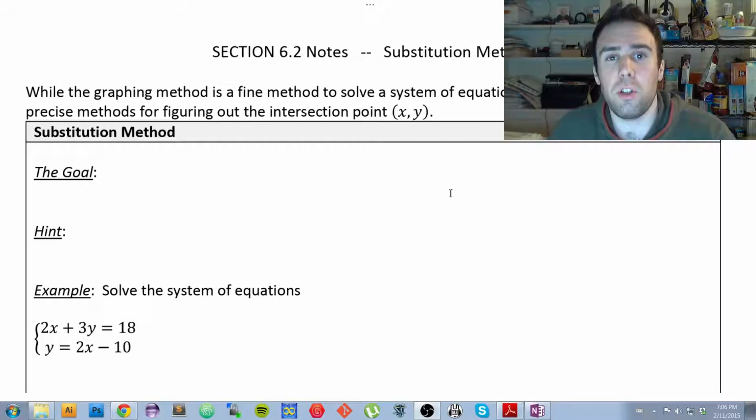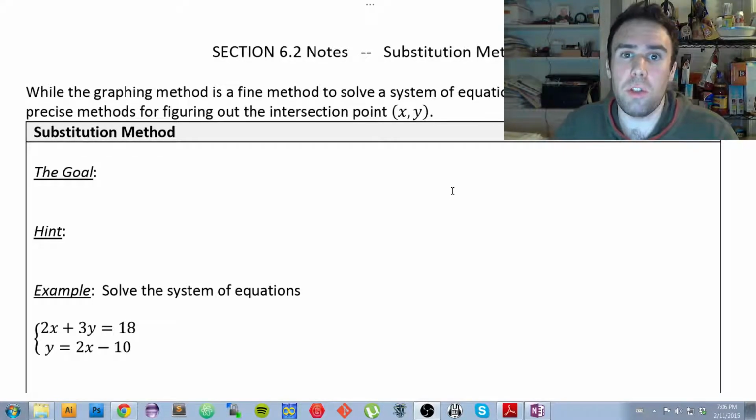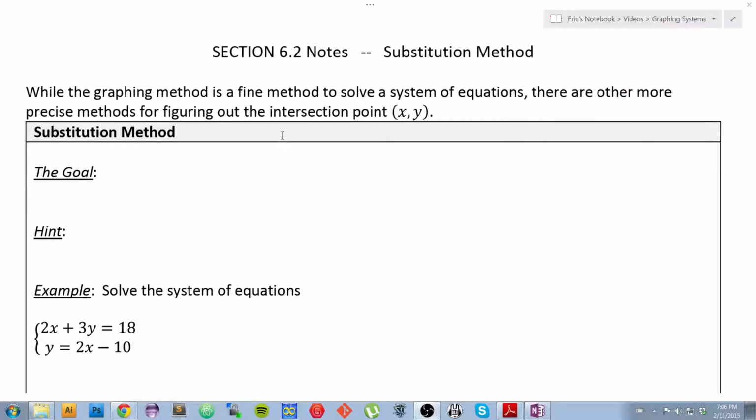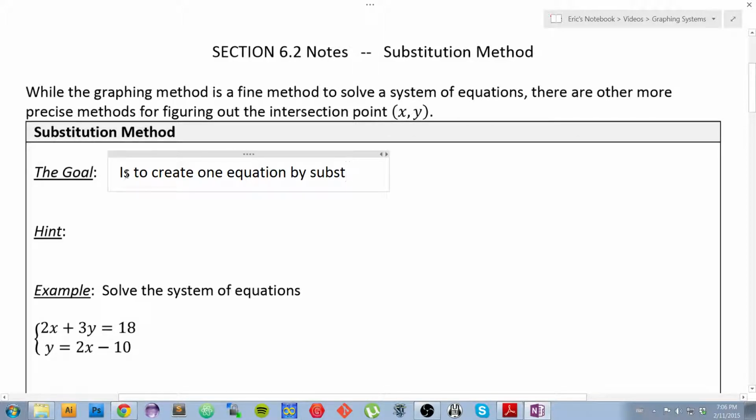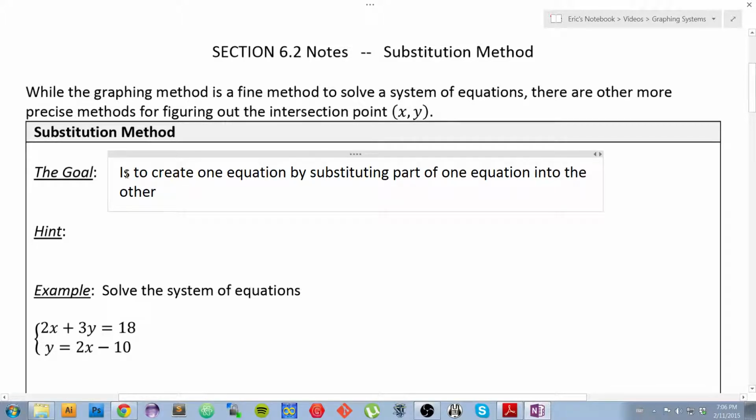So first, let's know what the goal of the substitution method is. The goal of the substitution method is to create one equation by substituting part of one equation into the other.